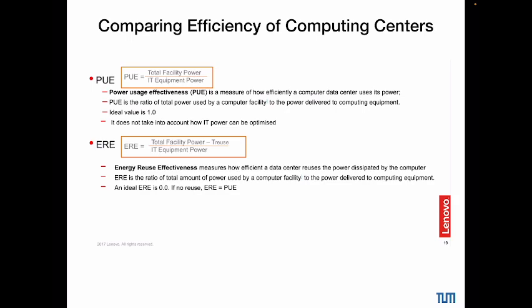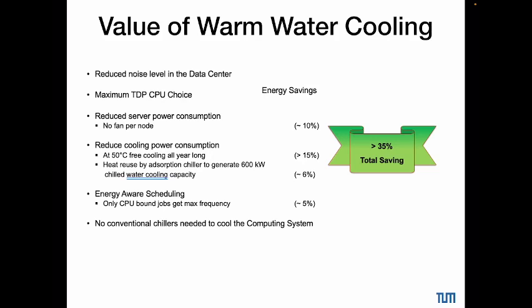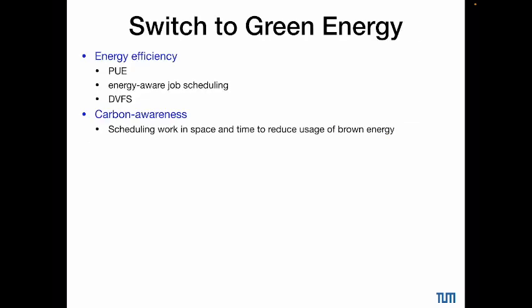Besides looking into how to efficiently use, that is basically showing this warm water cooling. You can save up to 35% of the energy with a lot of different techniques that you combine, for the new machine that was calculated by LRZ for the SuperMOOC NG.